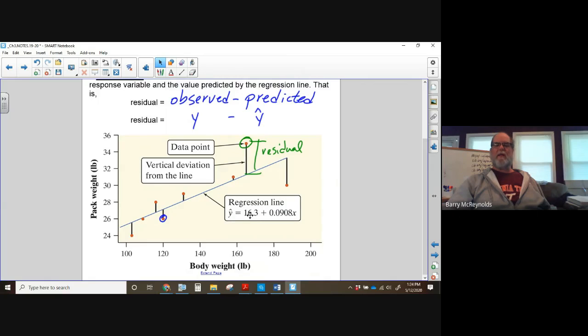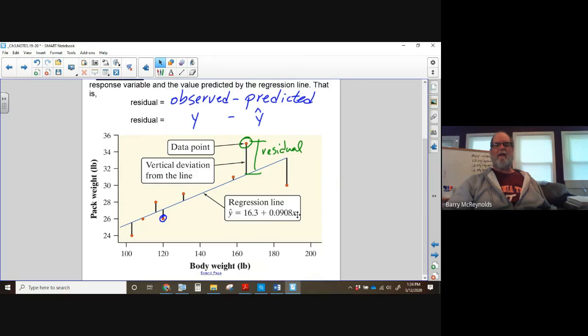Y-intercept really doesn't have a practical meaning. Our X variable here is body weight for a hiker. And so what this Y-intercept means is it's the predicted weight of a pack carried by a hiker who weighs 0 pounds. Well, that has no practical meaning.